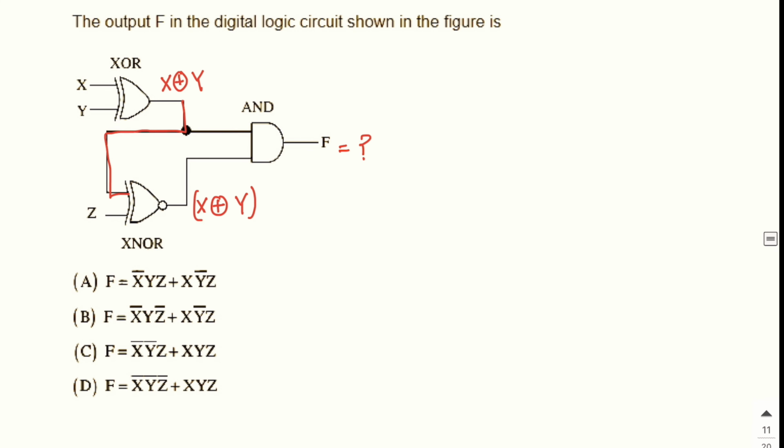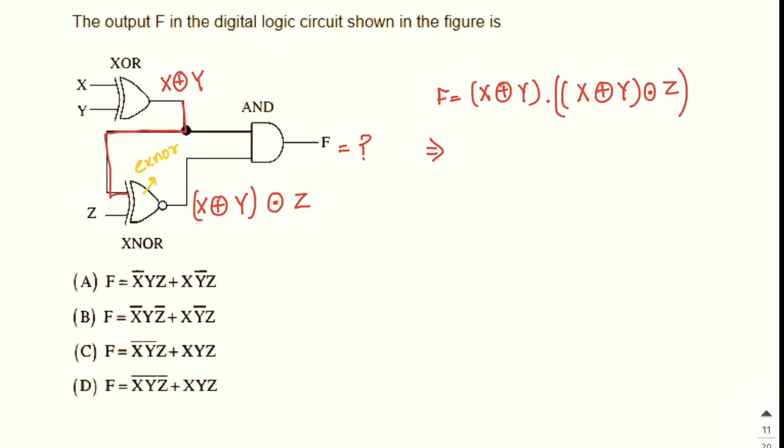So this gate is an exclusive NOR gate, and hence we have Z, and now F is equal to (X XOR Y) XNOR with Z. So this is what is F, and we have to find out the reduced expression for this.